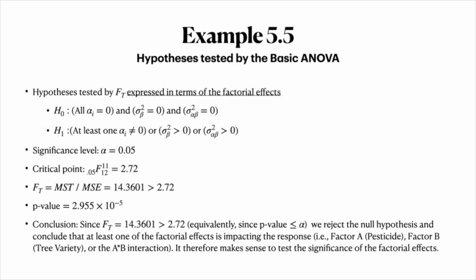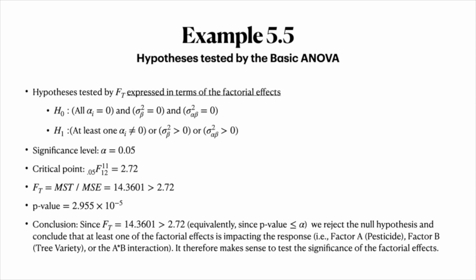And we see here the hypothesis that's being tested by that F statistic, expressing it in terms of the factorial effects. The null hypothesis says that all alpha sub i's are 0, and the variance of the random effect factor B is 0, and the variance of the random interaction effect is also 0.